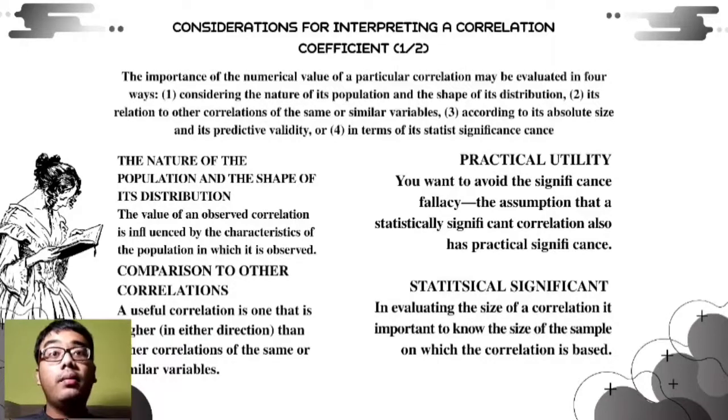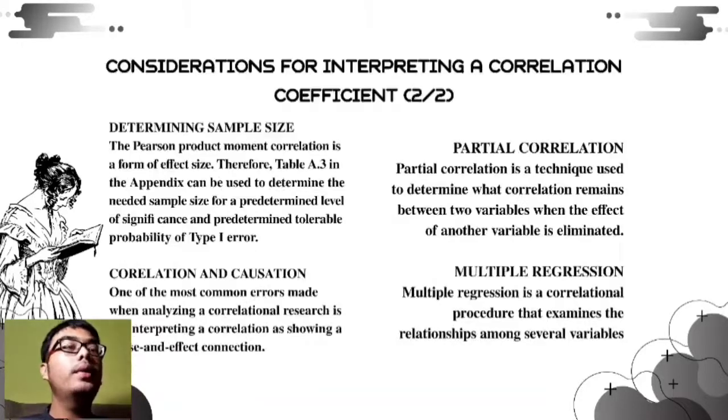And then determining sample size. The Pearson product moment correlation is a form of effect size. Therefore, table R3 in the appendix can be used to determine the needed sample size for a predetermined level of significance and predetermined tolerance probability of type I error.